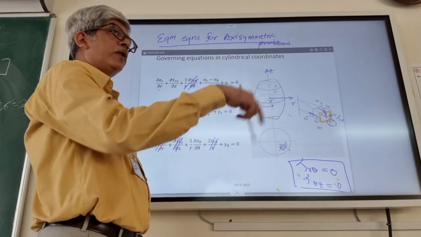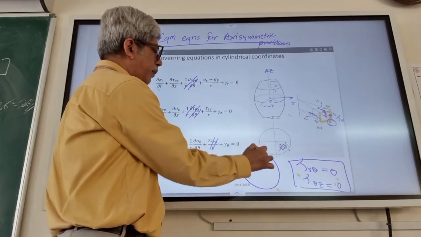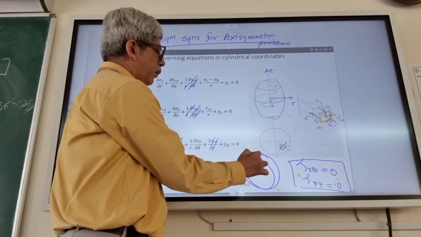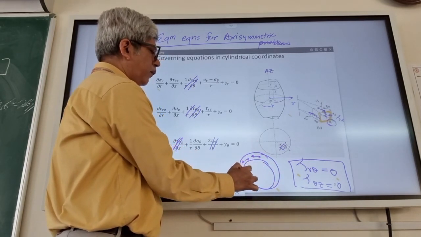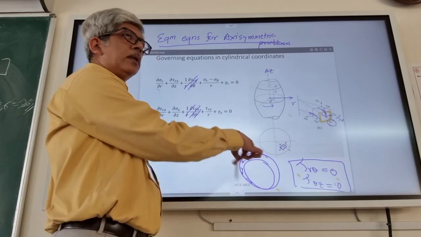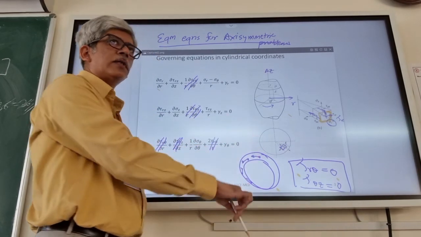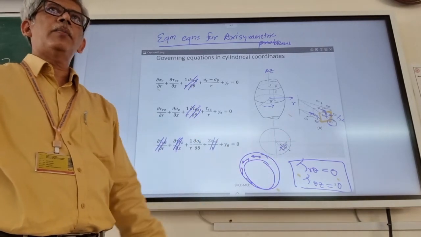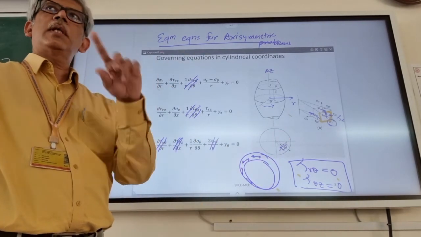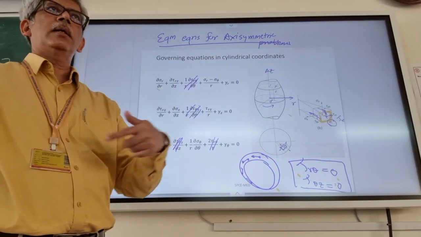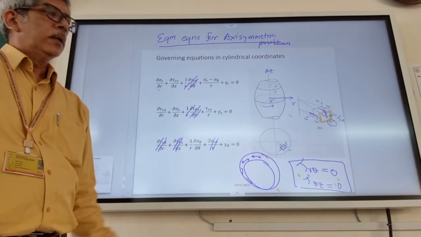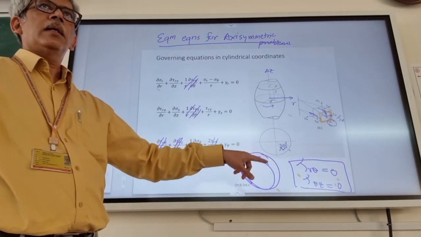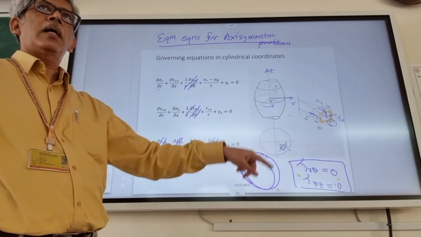Gamma theta is the body force in the circumferential direction. It means that at every point you have some body force in the theta direction. Think of a situation where this can happen: a body force in the tangential direction at every point, when the body is circularly accelerating.